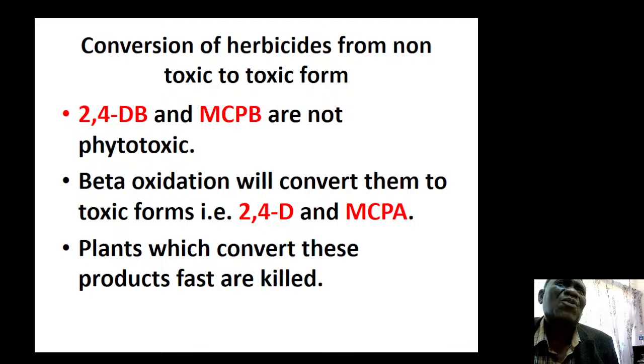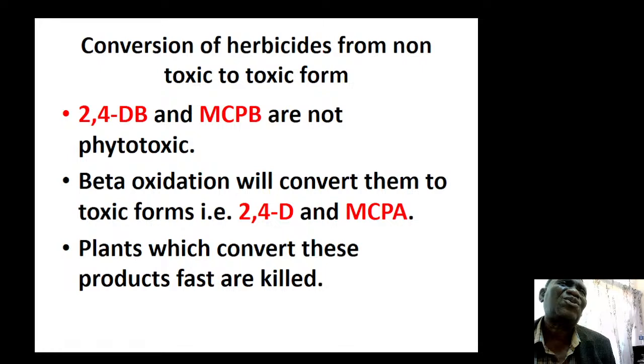We said we can convert herbicides from being non-toxic to toxic, 2,4-DB and MCPB, via the reaction known as beta oxidation. We can apply 2,4-DB and MCPB, and we leave it up to the weeds to convert it to toxic forms so that they get killed.